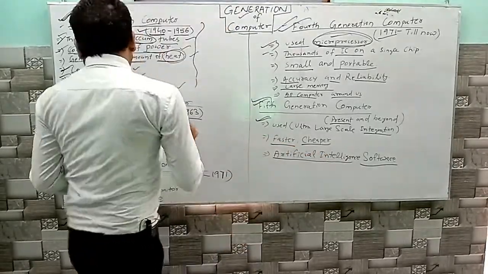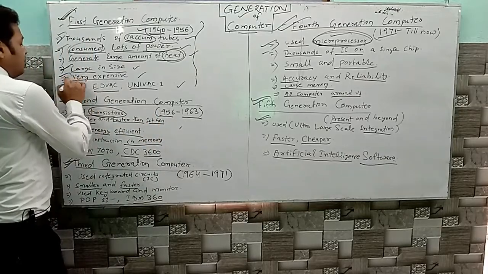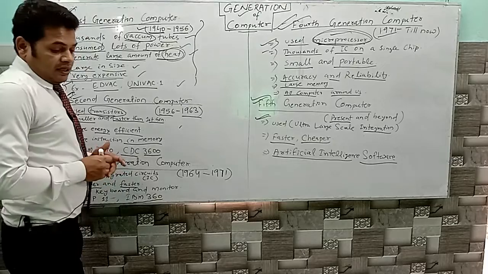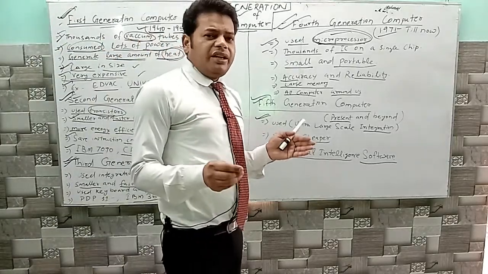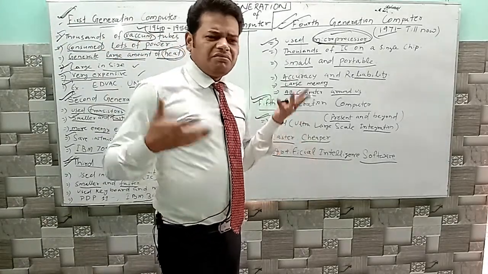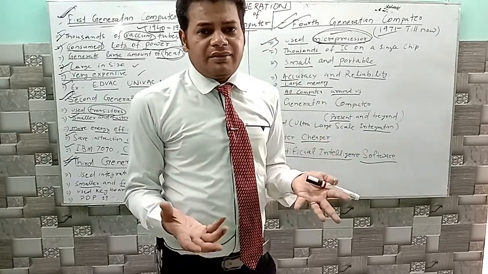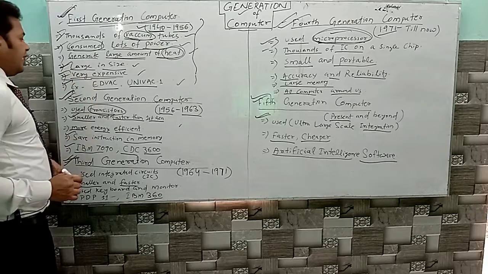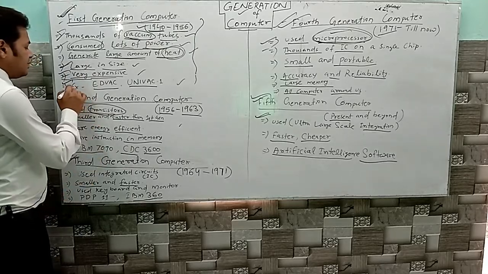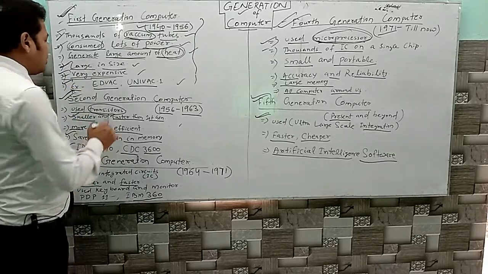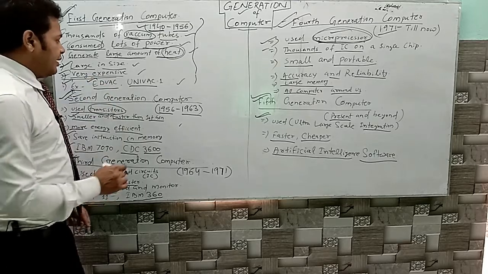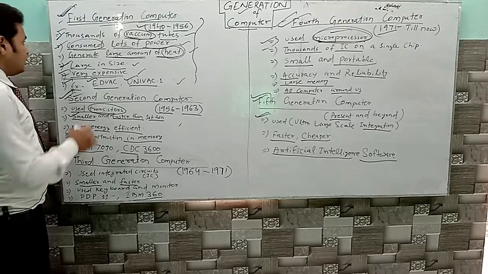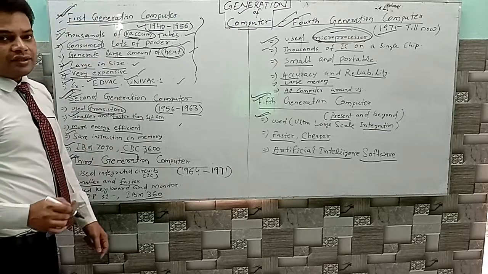It was also very expensive, the rate of this computer was much higher at that time. Examples of this computer were ADVAC and UNIVAC 1. Okay students, this is the first generation of computer.